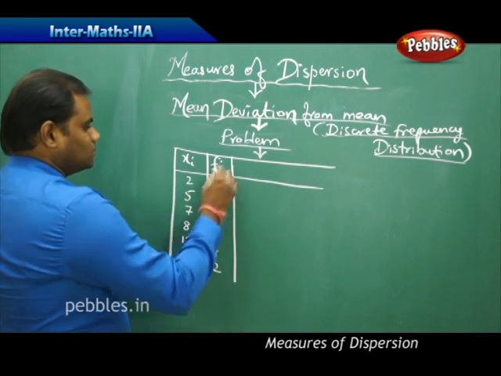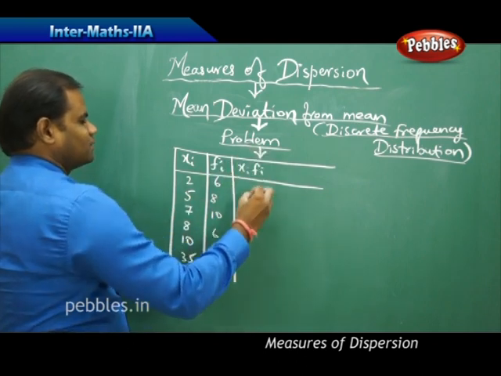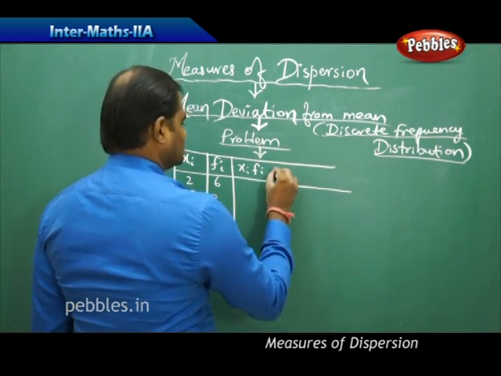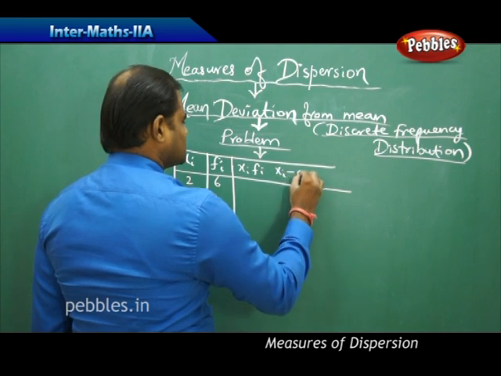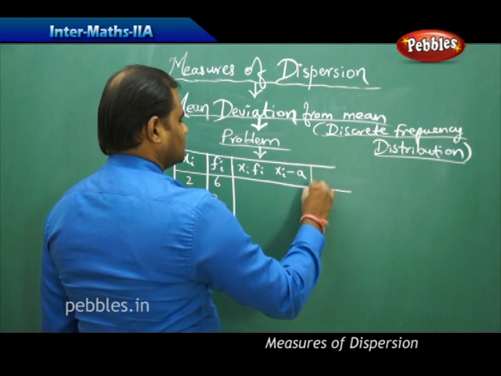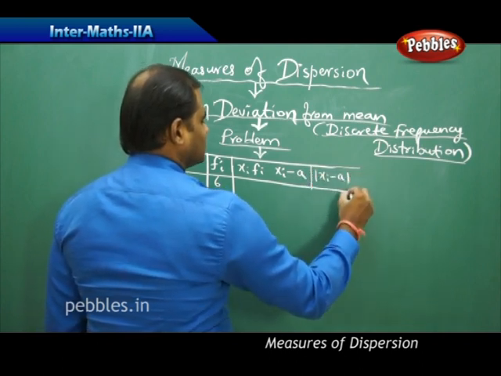Now for this problem, I would like to find each of xi, fi, and then xi minus a, that is x bar, and then mod xi minus a.